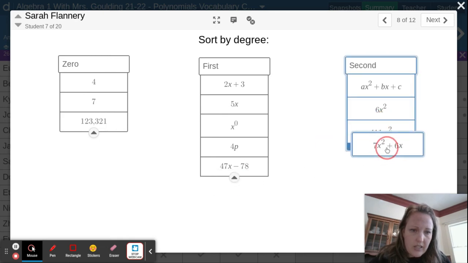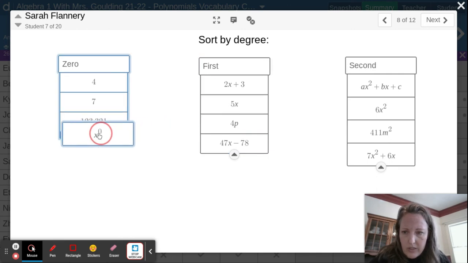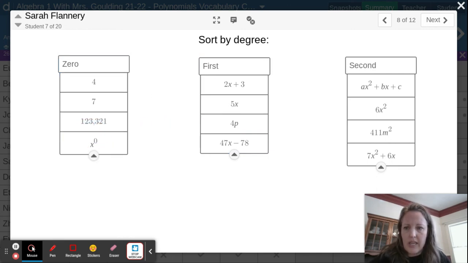So you're just looking for that 2 exponent. This one right here, to the power of 0 is 1, so that makes it actually constant. Good to go. Okay, this video is getting long, I'm sorry.